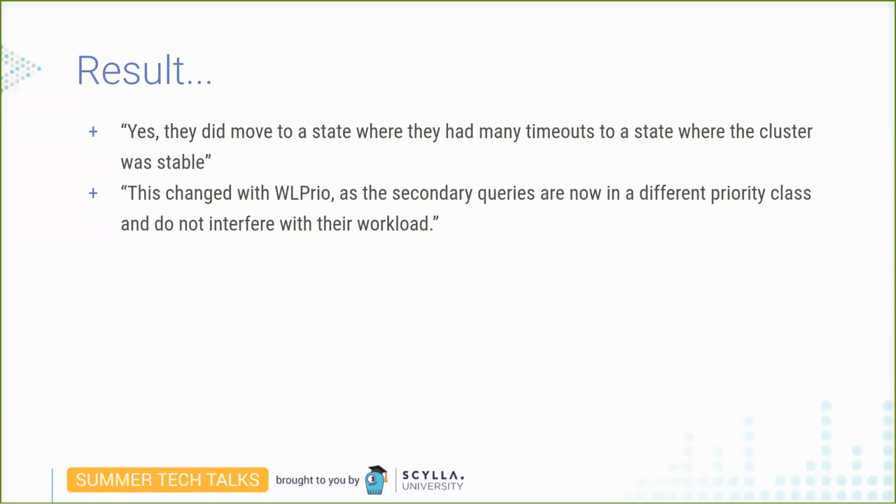Those 2 sentences are taken from an email response by Glauber to the question of whether workload prioritization worked for the customer or not. It is easy to analyze because they had timeouts and now they don't. So workload prioritization did an adequate job in isolating the loads.